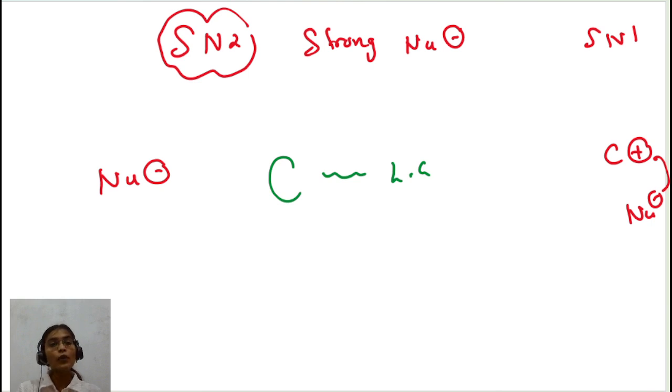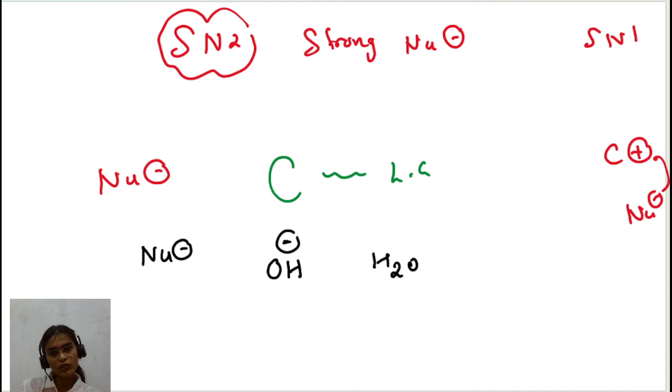Now in chemistry, the very strongest nucleophile is what? We discussed in the first and second sessions that a nucleophile is something which has a negative charge or a lone pair. So remember, if I have OH negative or water, can you tell me between both which one is the stronger nucleophile, A or B?